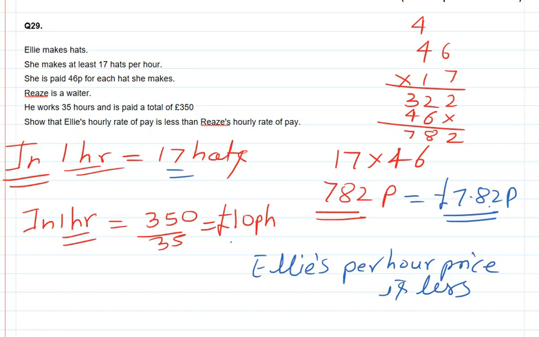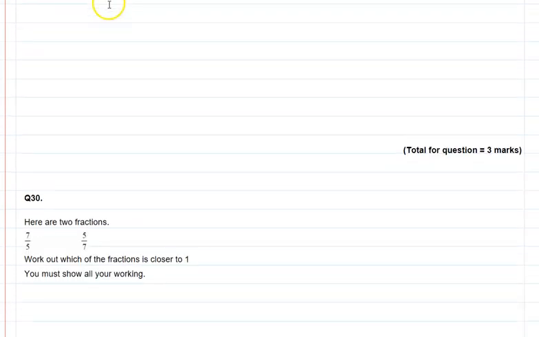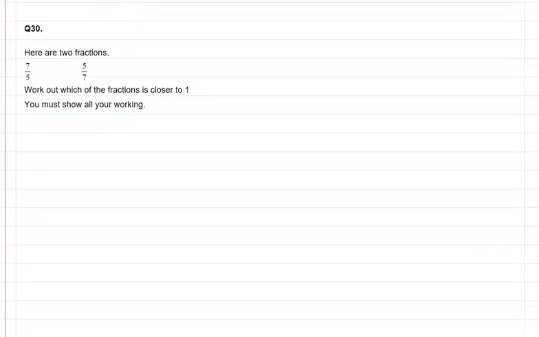Now the next one is question number 30. Here are two fractions, 7 over 5 and 5 over 7. Work out which of the fractions is closer to 1.